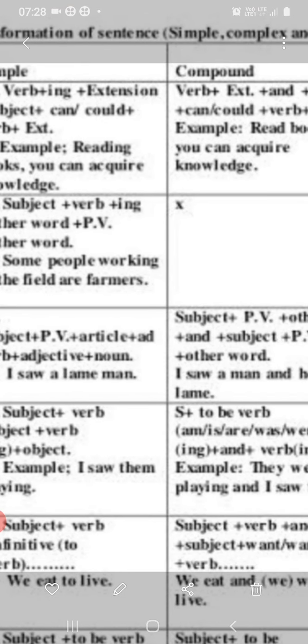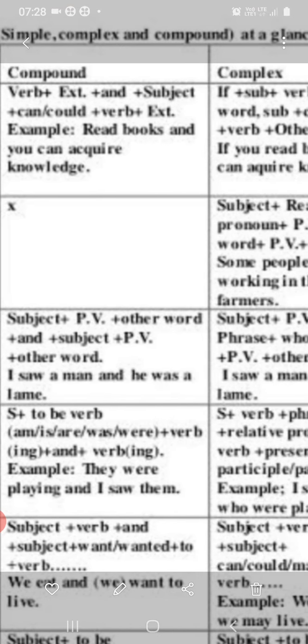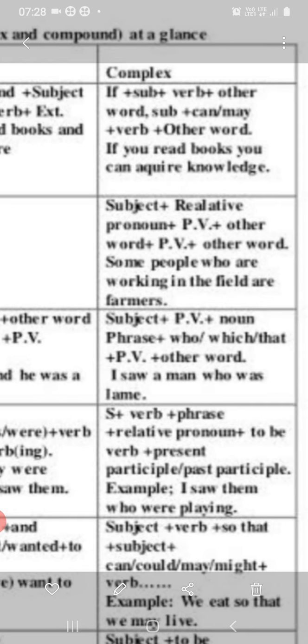Mostly we cannot use it as a compound sentence. So in a complex sentence: some people who are working in the field. As some people denotes persons, we are using the WH word who.